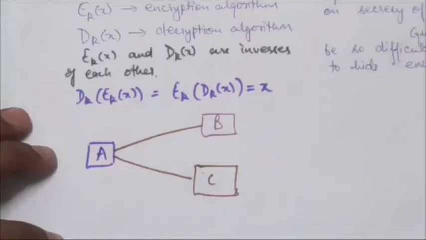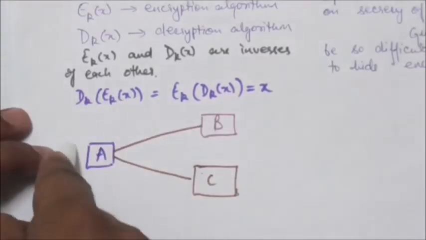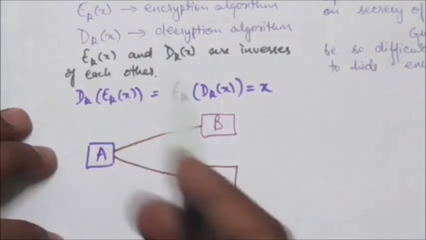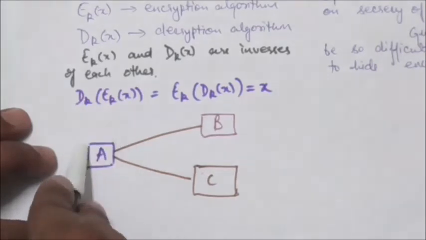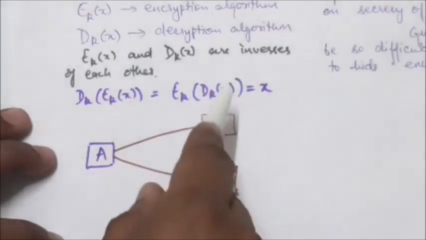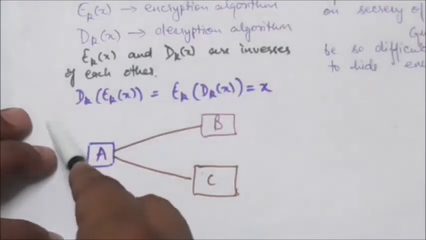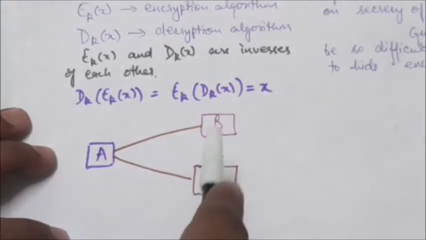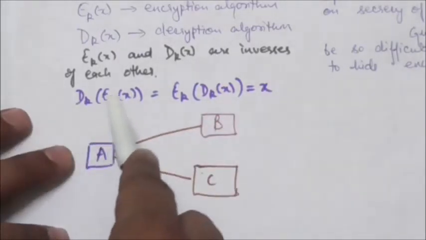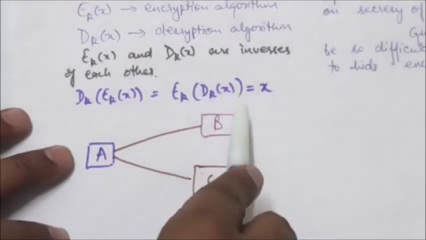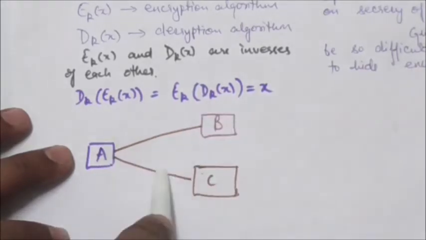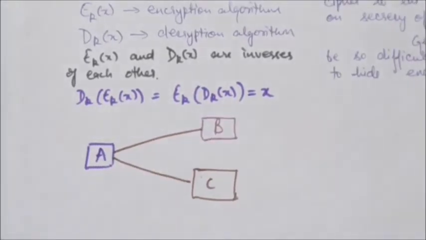Now suppose person A has to communicate with different persons B and C. In this case, person A needs different secret keys to communicate with different persons. If A has to communicate with persons B and C, then A needs two different secret keys, one to communicate with person B, another to communicate with person C.